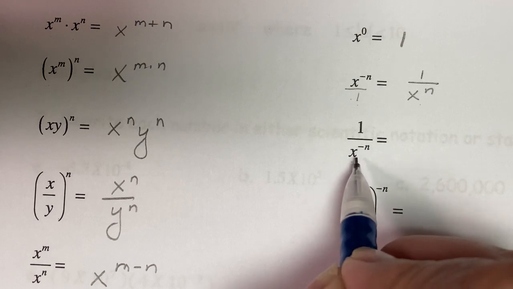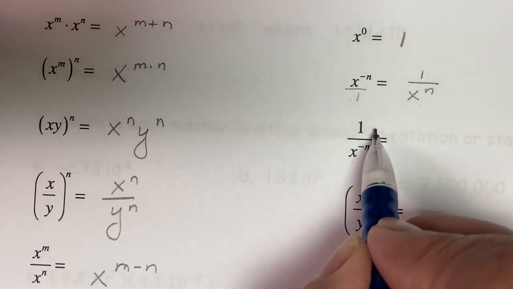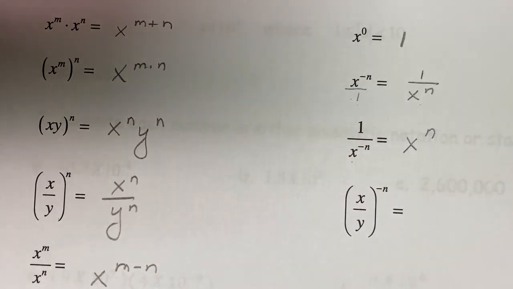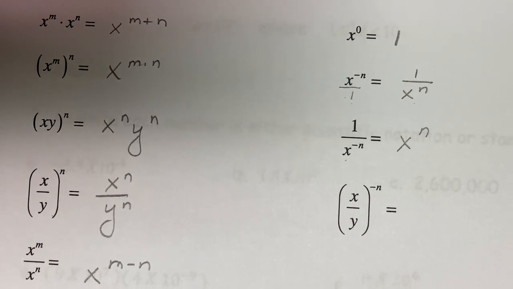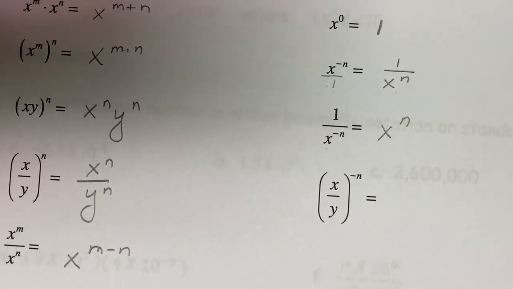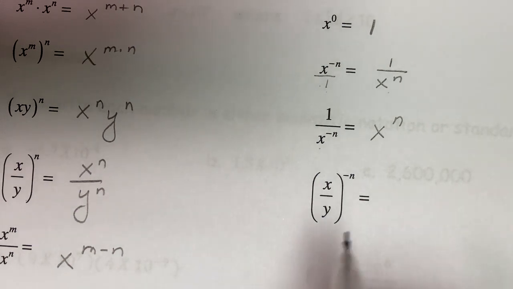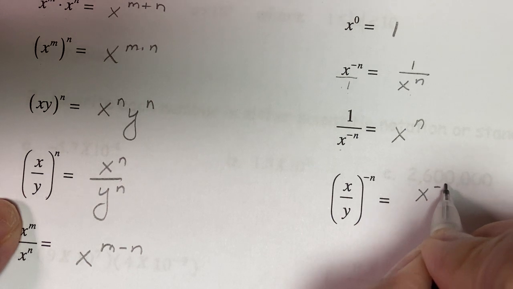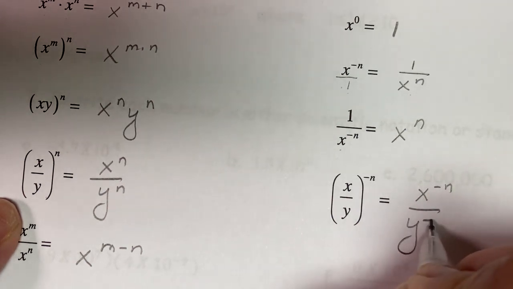If we look at this, notice where the negative exponent is. It's on the bottom, so that negative exponent, that part, is going to move to the top, and then the exponent will become positive. Let's look at the last one and take it step by step. So using this rule over here, that exponent has to be applied to both the top and the bottom.